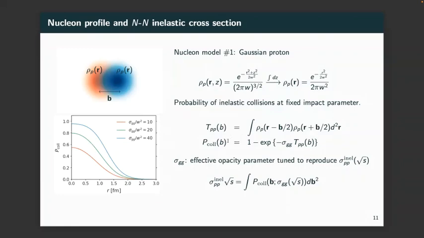So the collision probability is 1 minus the exponential of some proton-proton opacity times the proton-proton overlap function. This way you can compute the probability for two protons to interact at a certain separation. This is for a constant sigma proton cross section. Yes, that's constant.